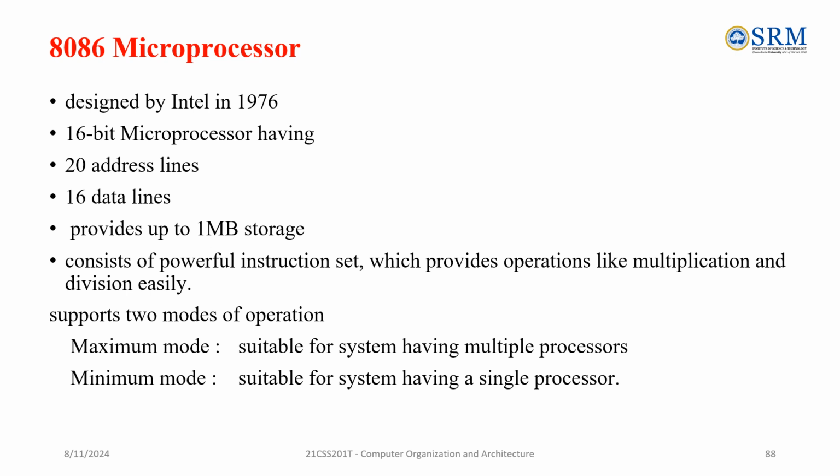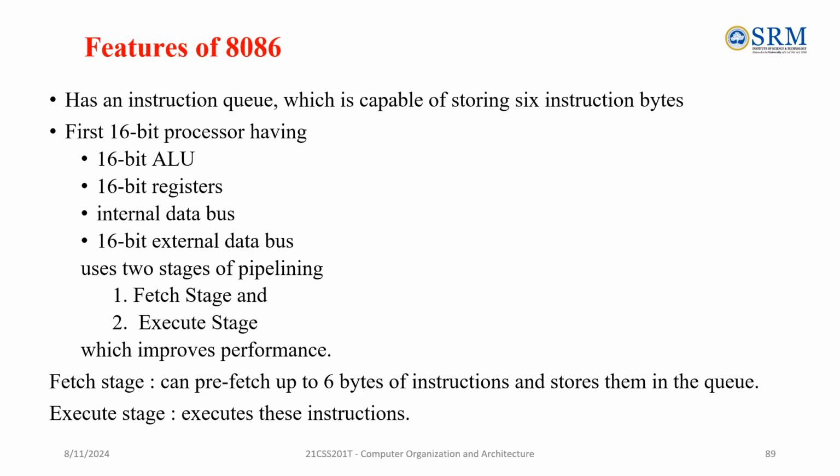Minimum mode is suitable for a single processor. Its features include 16-bit processing, having a 16-bit ALU, 16-bit registers, an internal data bus, and a 16-bit external data bus. It uses two-stage pipelining, fetch and execute stages, and can prefetch up to 6 bytes of instructions and store them in a queue.